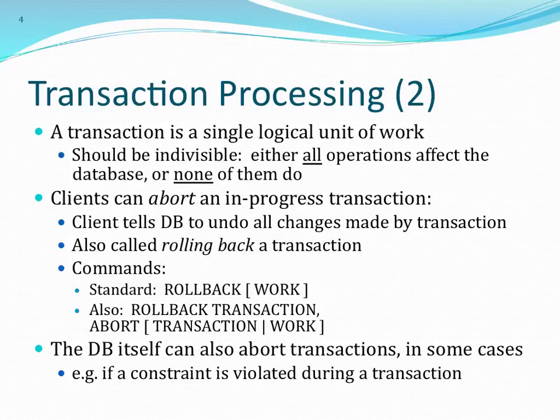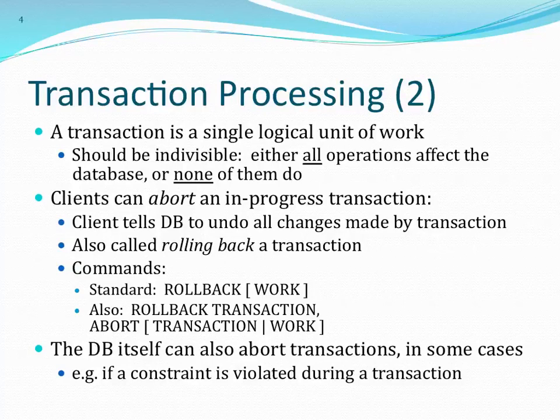You may also have an interesting situation where the database itself decides that you're doing it wrong, and it says you quit. Your transaction has been aborted because something went bad along the way, and so even though the client may still want to do more, the client can't, because the database will tell the client, I'm sorry, but your transaction was aborted, through causes maybe beyond your control.